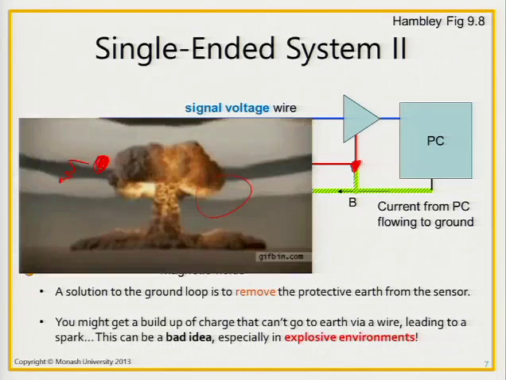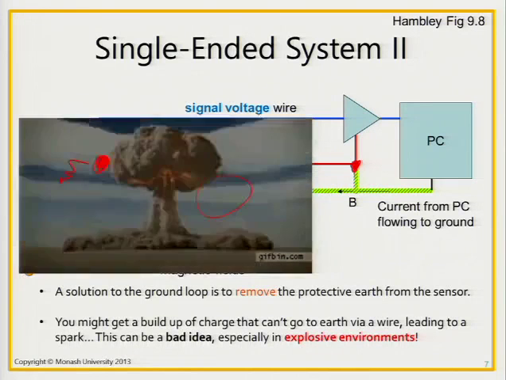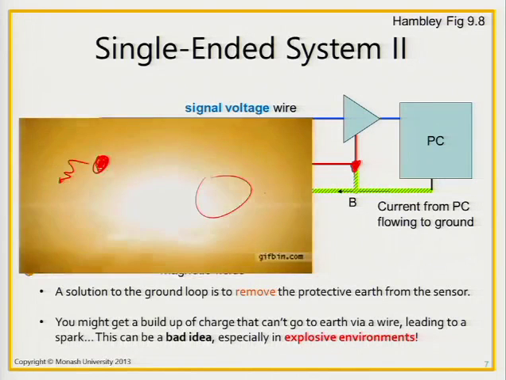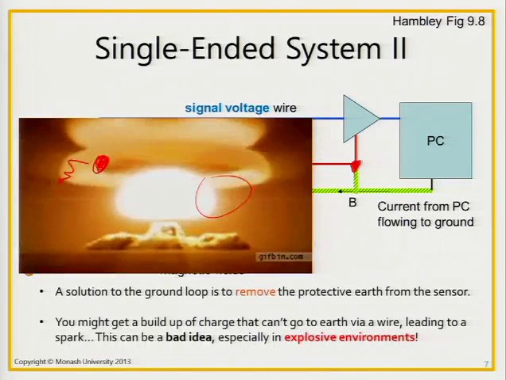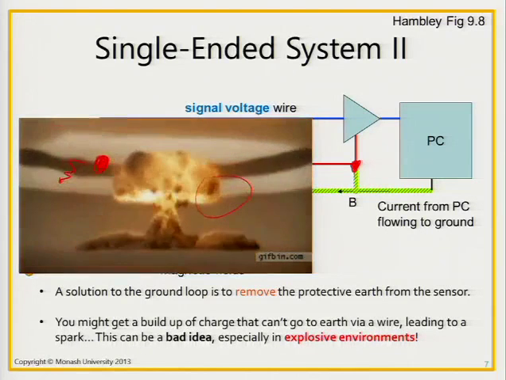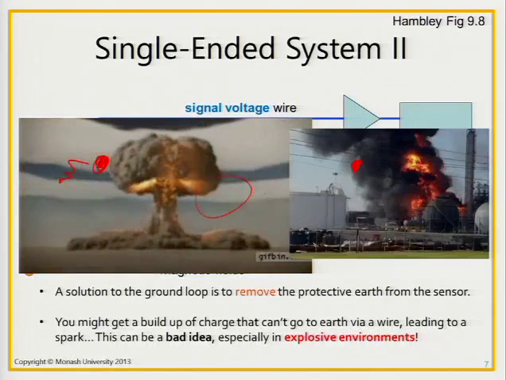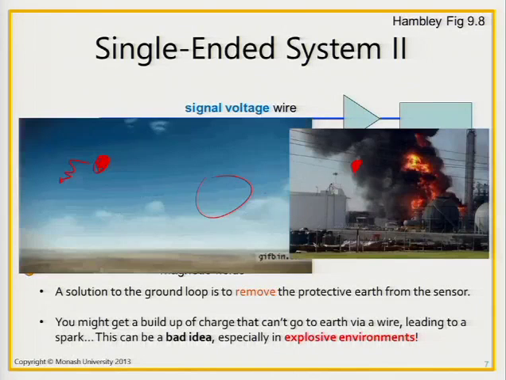So you get a spark, you get an explosion. Maybe not that big, or maybe that big, but it's not a good idea to disconnect an earth in any environment where you might have chemicals. Here's a typical example: this was a nuclear explosion, a bit exaggerated, but here is an actual chemical plant on fire. Okay, so not a good idea.